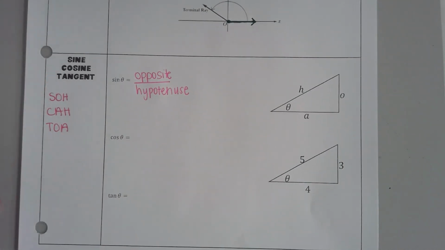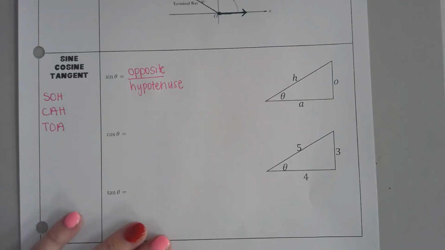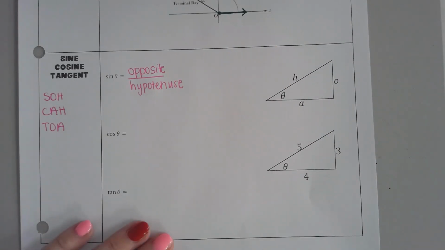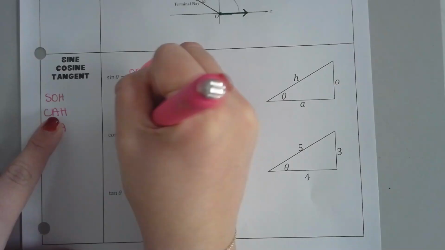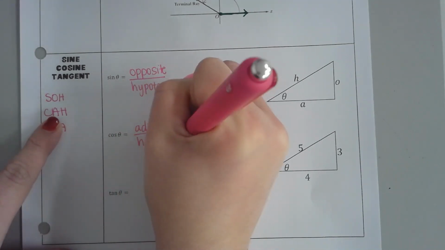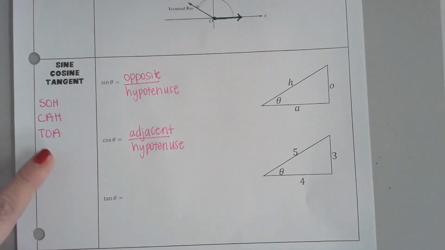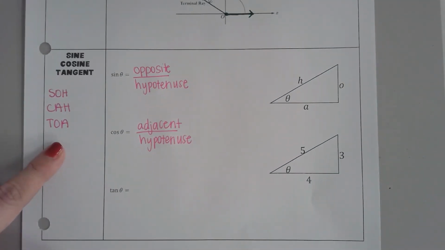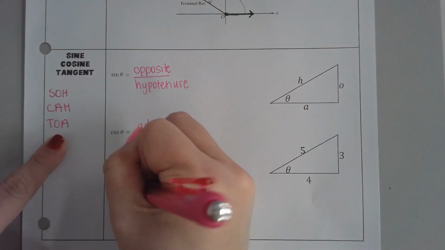Okay, so cosine would be what? Adjacent over hypotenuse. Yep. And tangent is? Opposite over adjacent.